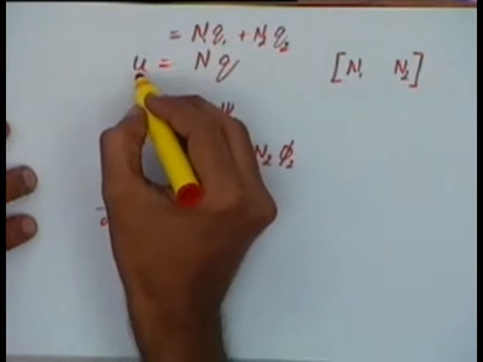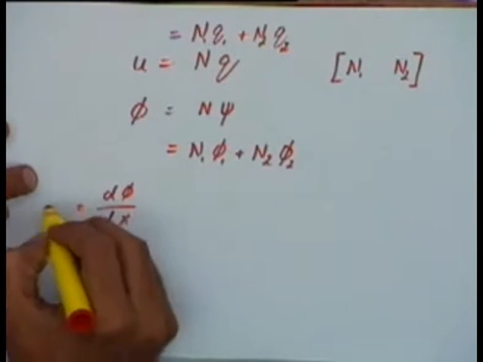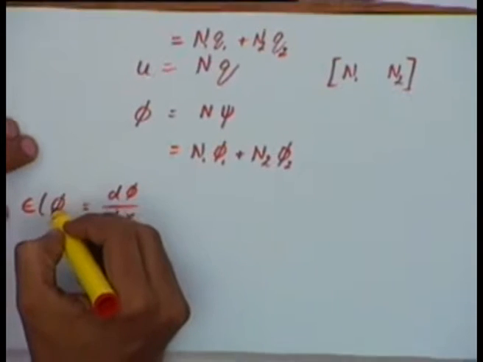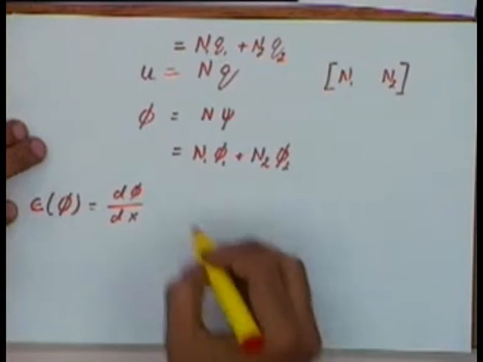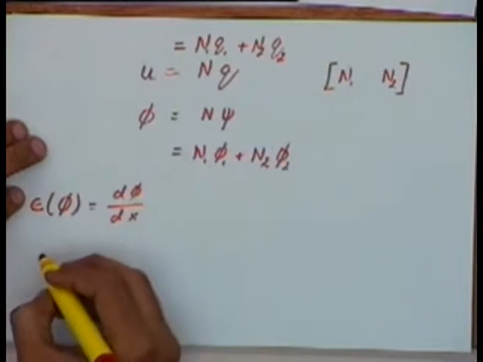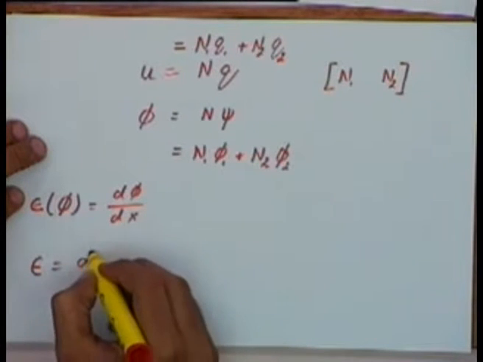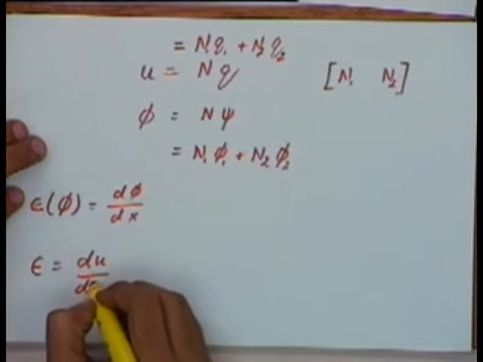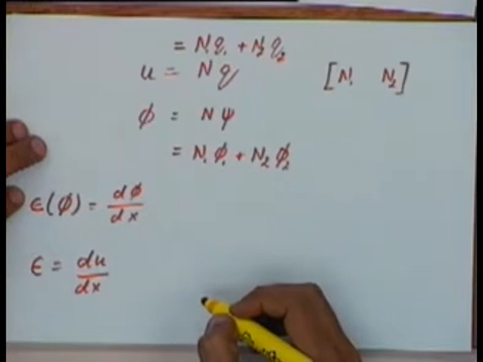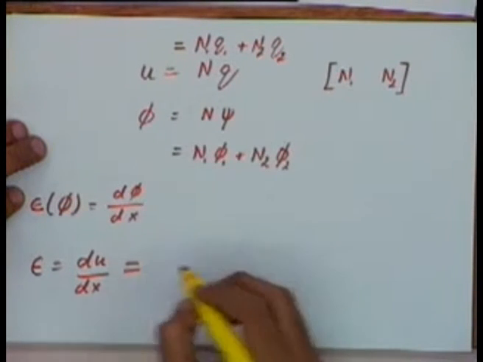Okay, that is, if you look at the actual strain, this I am saying is epsilon of phi. If I look at the actual strain, epsilon, that is equal to du by dx, and this we had derived last time.